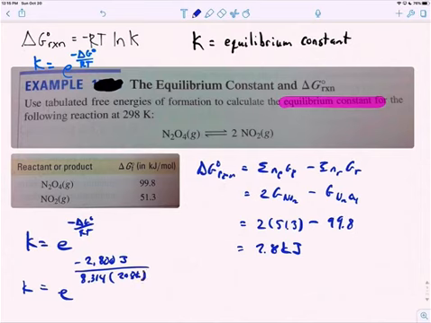And that's joules per mole Kelvin. So this should be joules per mole, and 8.314 is joules per mole Kelvin. The units all balance out. And then the K of this is going to be equal to 0.32. And there you have it.